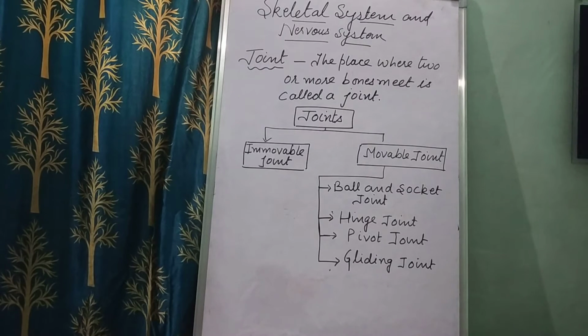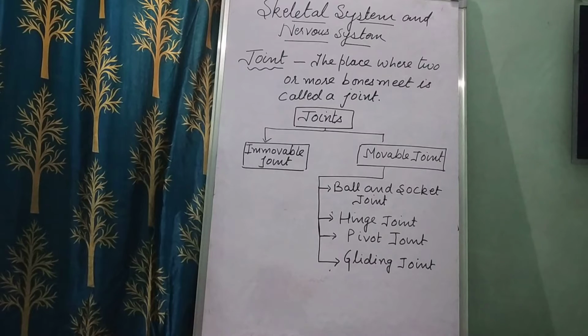So children, you can feel or you can imagine on your own, when you are talking and eating, the top part of your skull remains fixed. Only the lower jaw, that part of the skull, is considered to be movable. Only that allows us to talk and eat, whereas the upper part of the skull is made up of immovable joints.